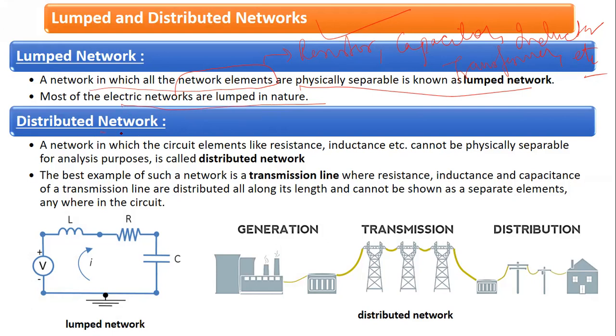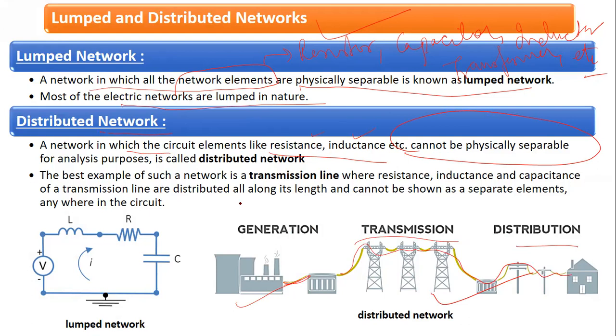But if in any network it is very difficult or impossible to physically separate the elements like resistance and inductance, it is a distributed network. For example, your transmission systems: a generation point is there, then transmission is there, then distribution is there. We all know that the transmission lines are made up of some material like aluminum, for example.